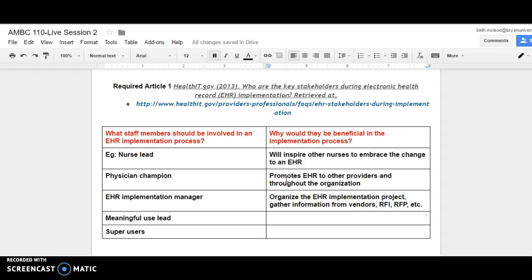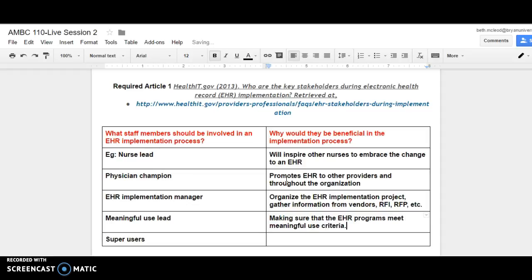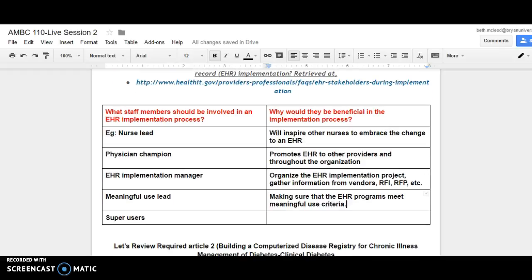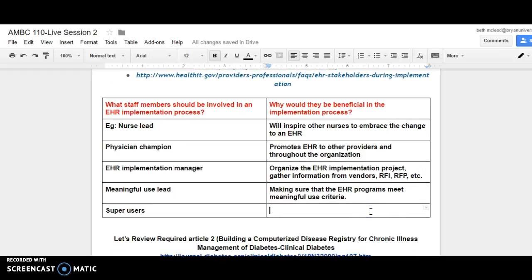Meaningful use lead goes right along with the EHR, making sure that whatever EHR program they decide to implement is meeting meaningful use standards. They could have somebody just focusing on that. That's really important with HITECH and all these changes for meeting technical requirements for being able to send information electronically. Someone to focus on that.